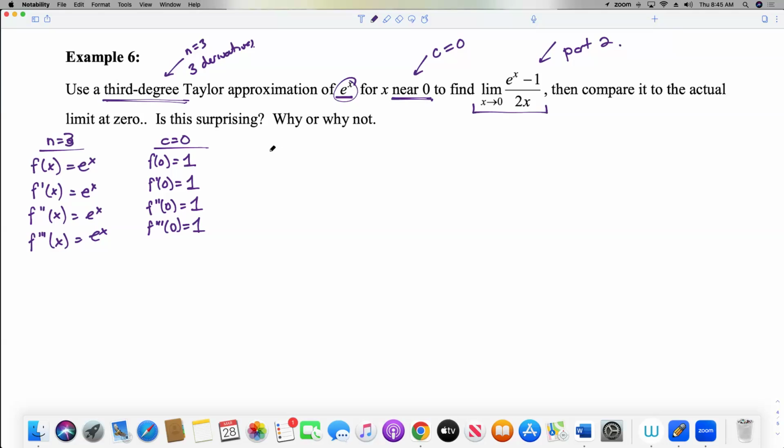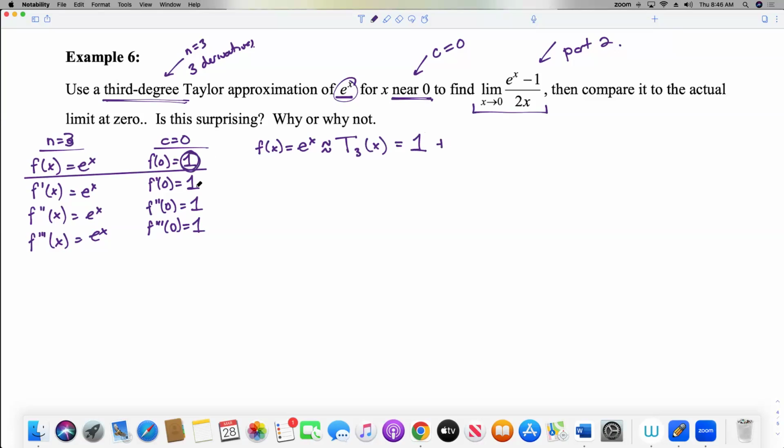So f of x is e to the x, and I'm going to approximate e to the x with the Taylor approximation of the third degree of x. And I'm going to write this down. All right, remember that the first part of a Taylor approximation is just going to be whatever that coefficient is. If it's 0, don't write anything down, but here it's 1.